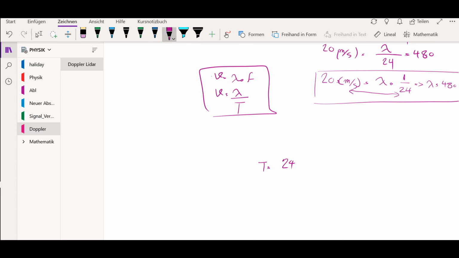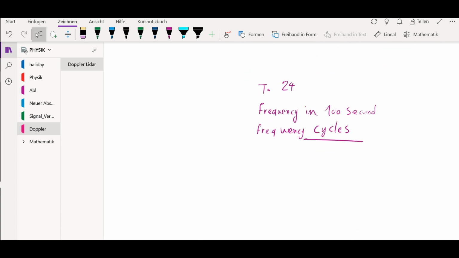What is the frequency in 100 seconds? So we know frequency is cycles over time. If you forget it, let's say 1 cycle over 24 seconds, and how many cycles over 100 seconds?